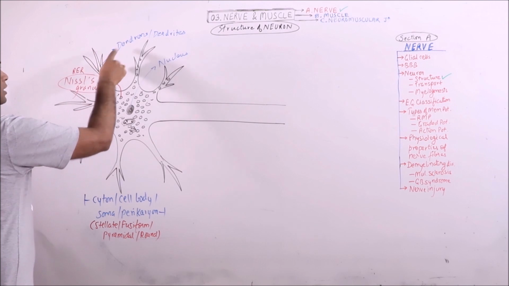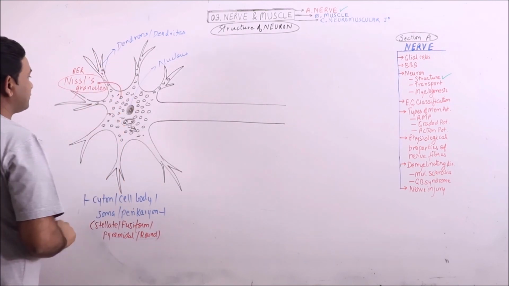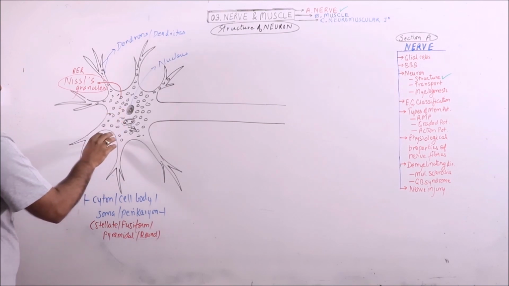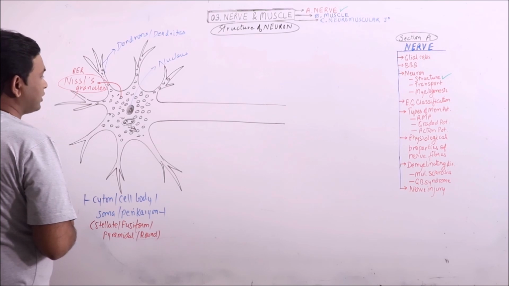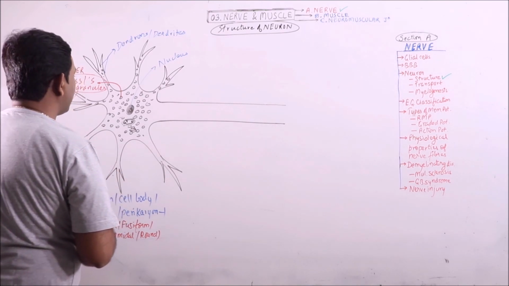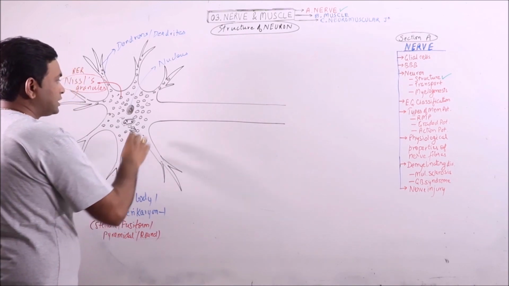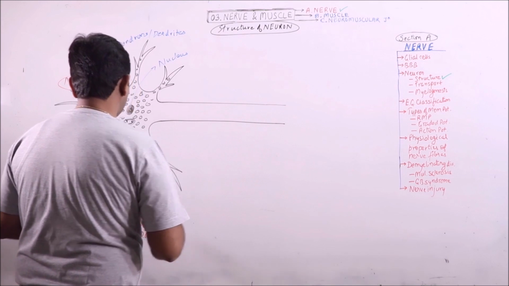Now, these are the dendrons or dendrites. This one is cyton or cell body. If the sectioning is done or poisoning occurs, then these Nissl granules degenerate to fine powder and then disintegrate completely, which is known as chromatolysis. Now, this cyton becomes narrow and continue as axon.